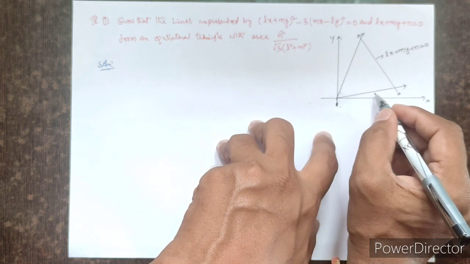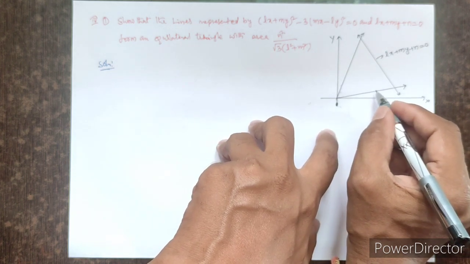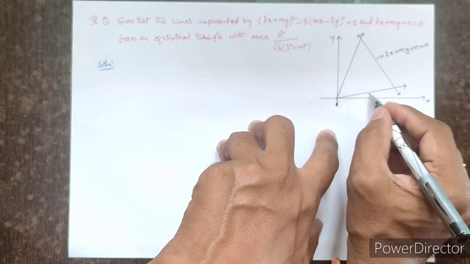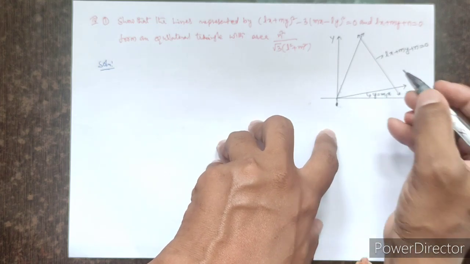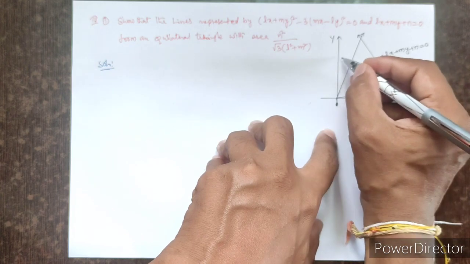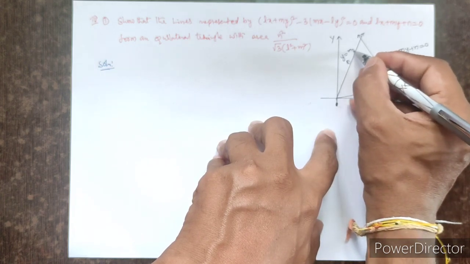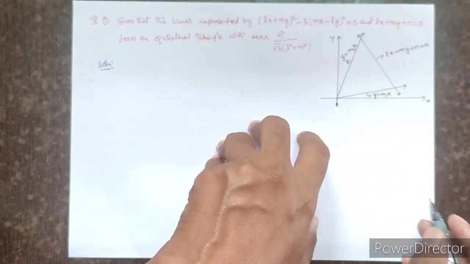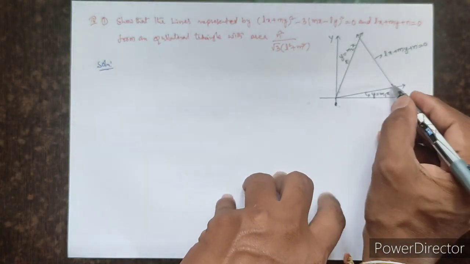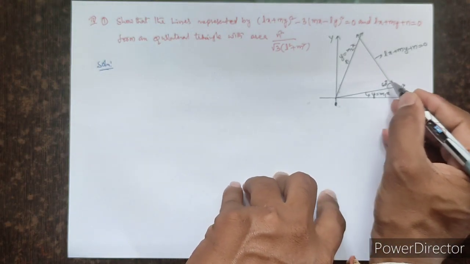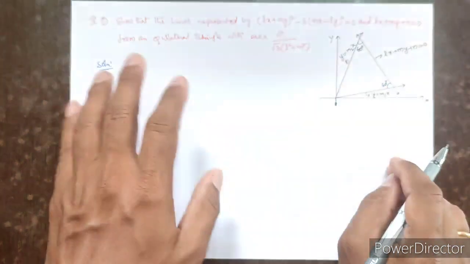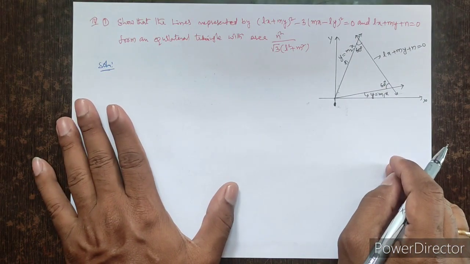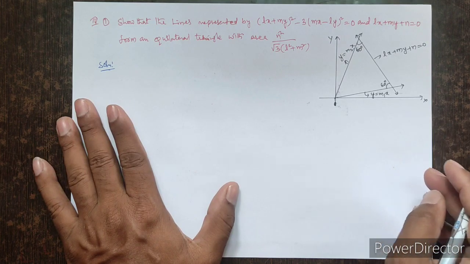The lines are, one is y equal to m1x and second line is y equal to m2x. This is angle 60 degrees because of forming an equilateral triangle.